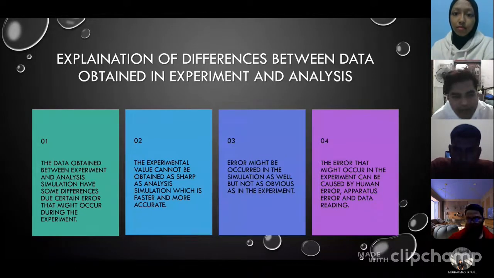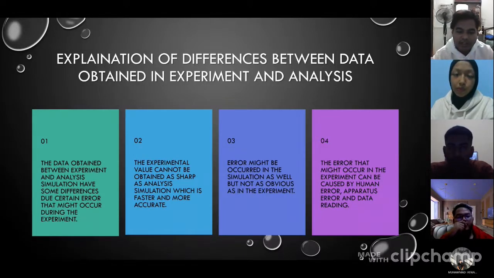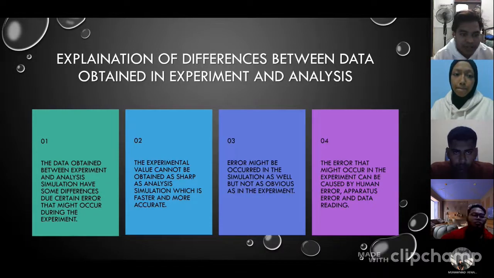Assalamualaikum warahmatullahi wabarakatuh. My name is Arma Gushari and I'm going to explain the differences between data obtained in experiment and analysis. After we have done this experiment, we conclude that there are differences between the data obtained by the experiment and the analysis simulation, due to certain errors that might occur during the experiment.